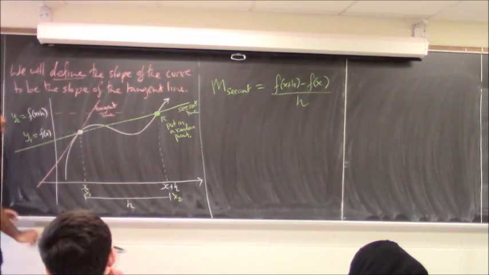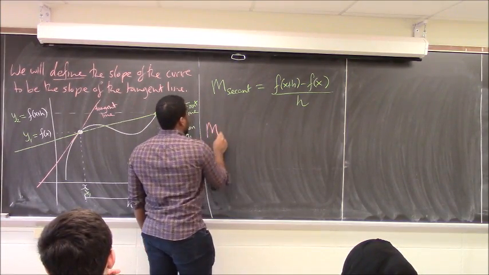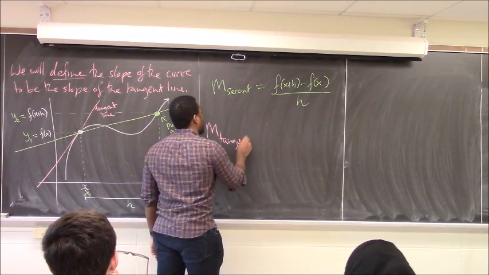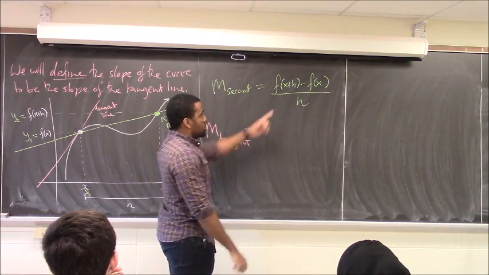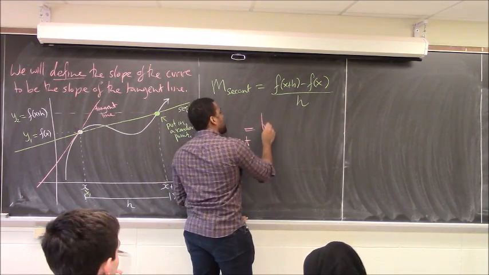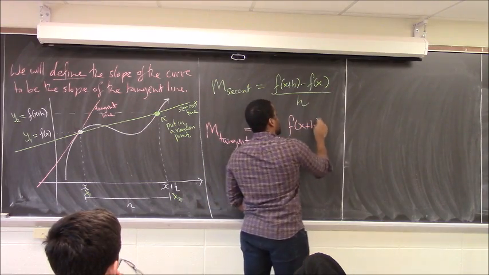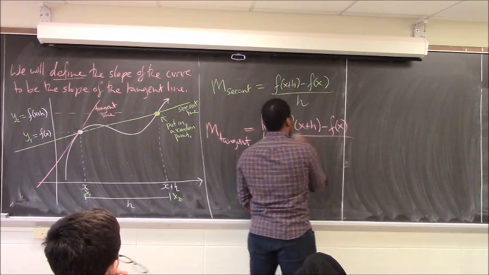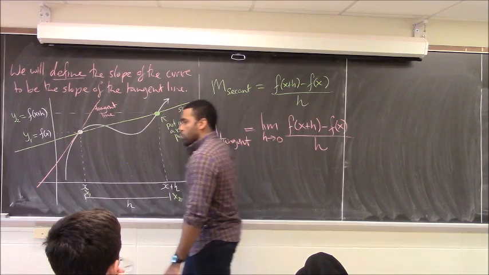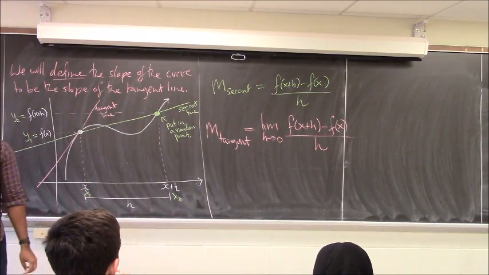And that idea brings us to the slope of the tangent line, which is what we wanted all along. Start with that, but use a limit to close the distance, and we end up with that expression giving us the slope of the tangent line.